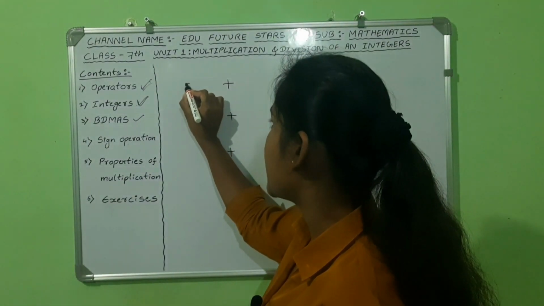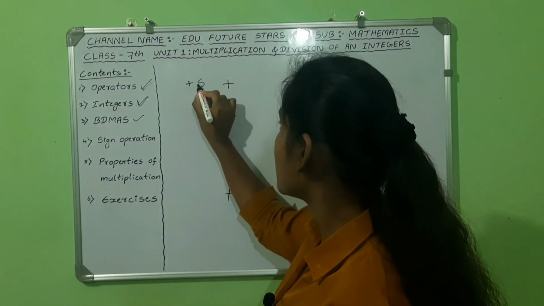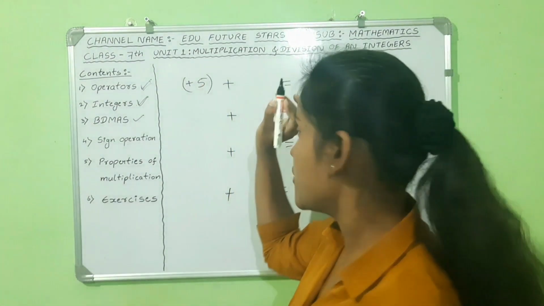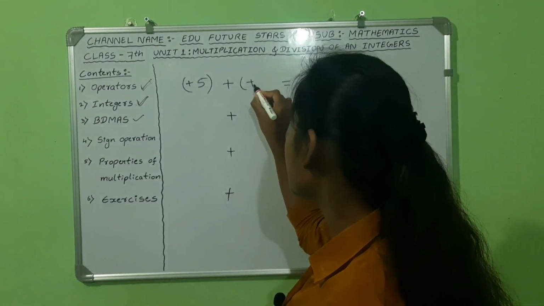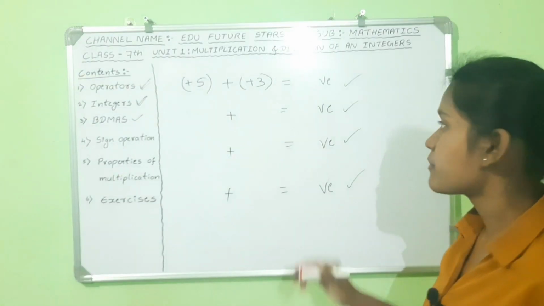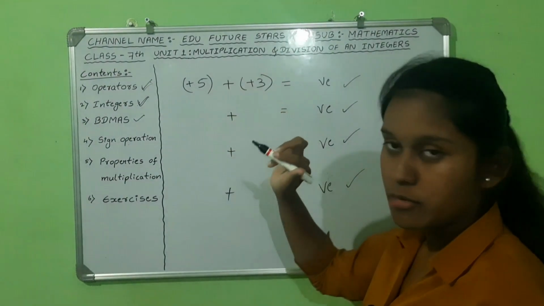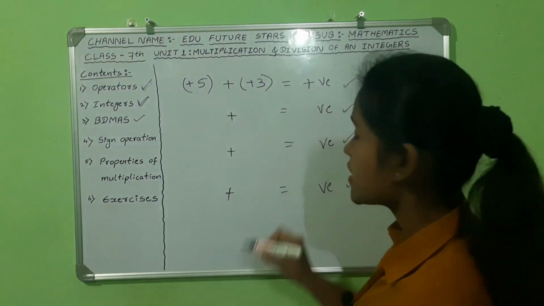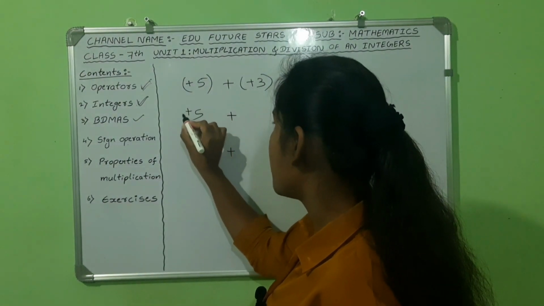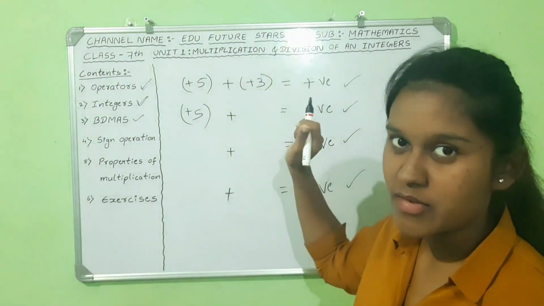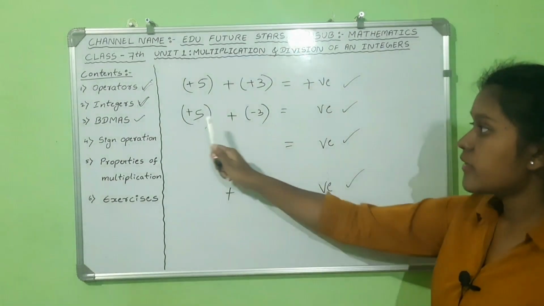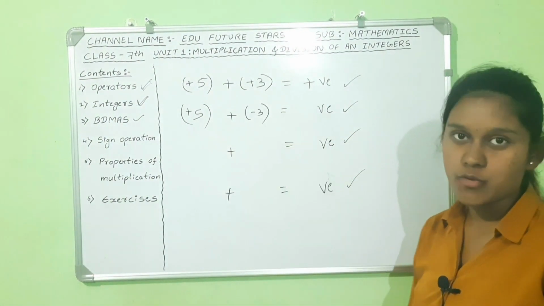Here I'm taking positive 5 in a bracket, and here also I'm taking a positive value, minus positive 3, here I am taking positive 3. So positive and positive always give a positive result. Next question, positive 5, but here I am considering negative 3. Sign change now. Here we have positive 5 and here we have negative 3.